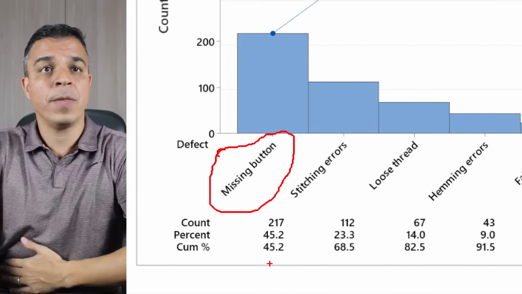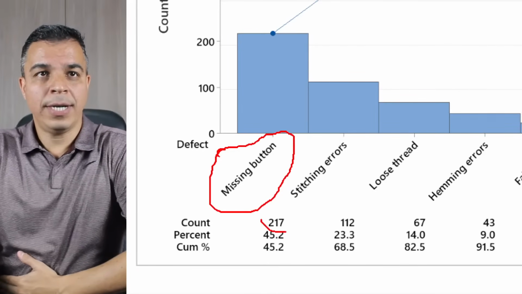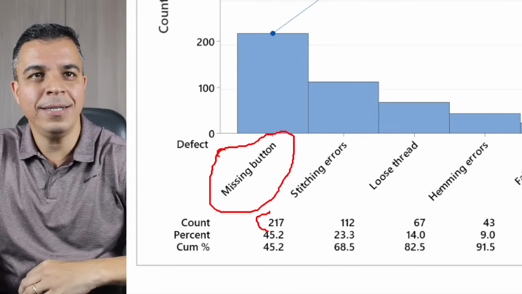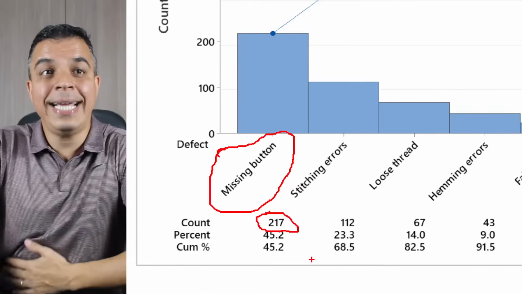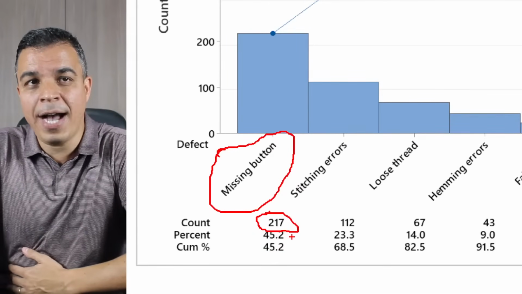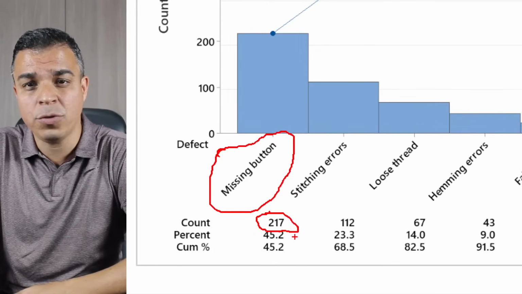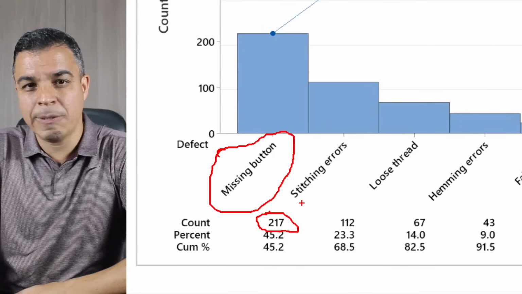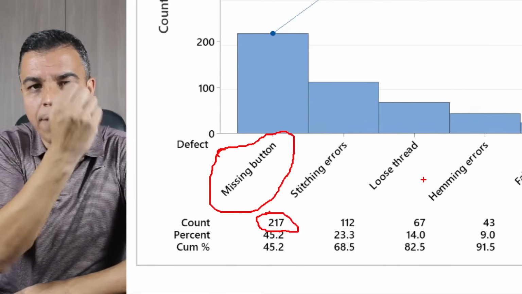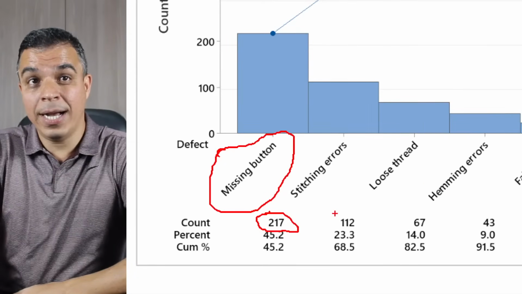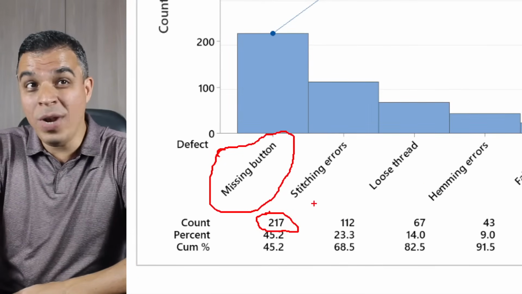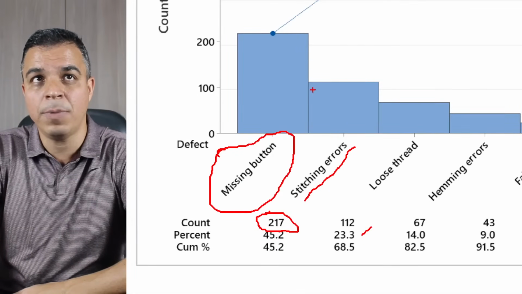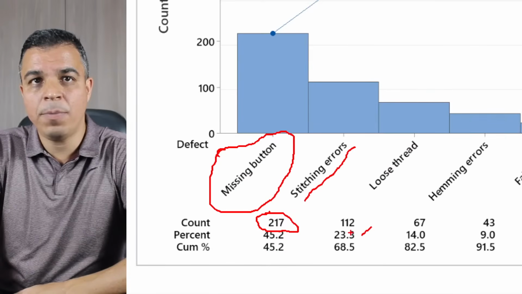Yeah, in terms of frequency, 217, and it represents 45.2%, yeah. The second one is stitching errors. We got 112, only stitching errors. We are talking about 23.3%. So this bar here corresponds to 23.3%.